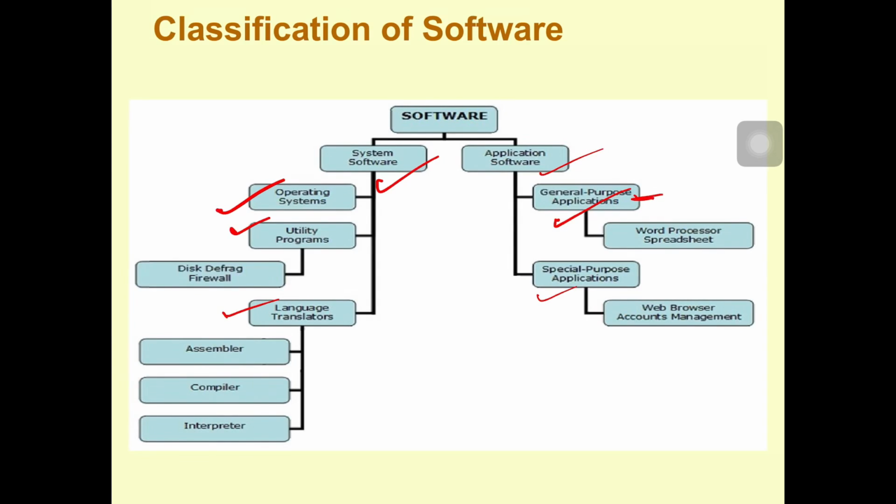Now, what is general purpose application software? General purpose application software is software which is developed without any request of the user.